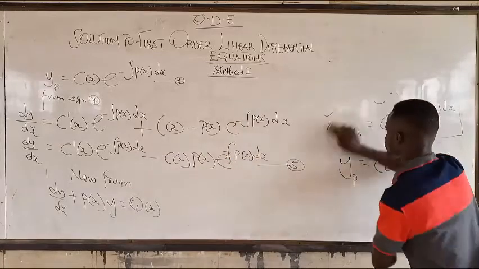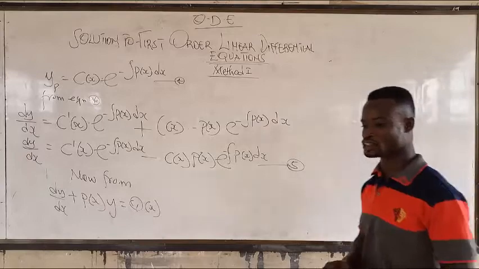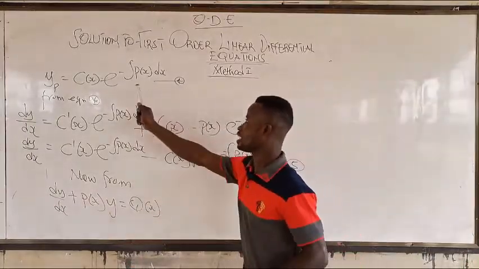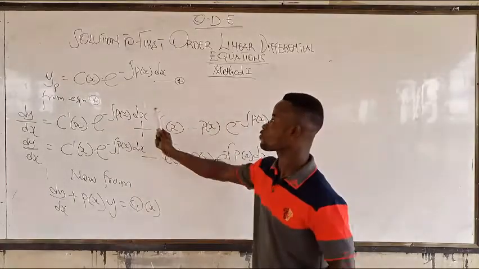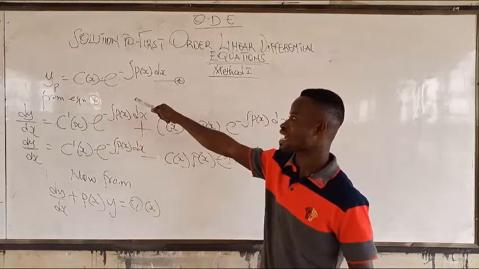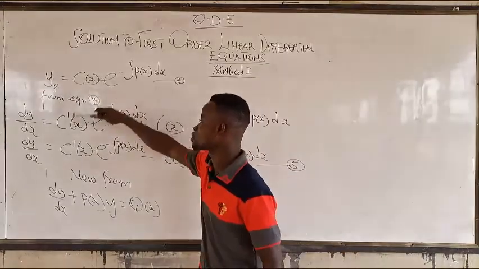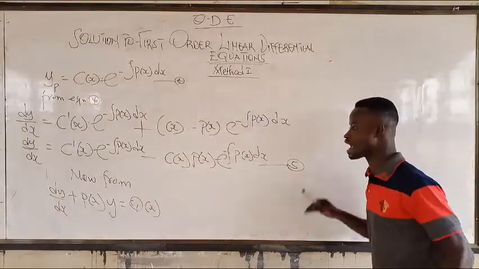Alright. Thanks for the correction. So the problem was that we have to find this c of x for us to get the particular solution. So that is why we pick this to differentiate it. So by product rule, then we get equation 5.